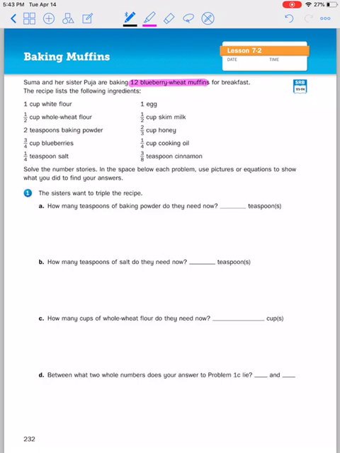The sisters want to triple the recipe. What does that mean? That means we have to multiply every ingredient times 3. That's what triple means. So A, how many teaspoons of baking powder do they need now?